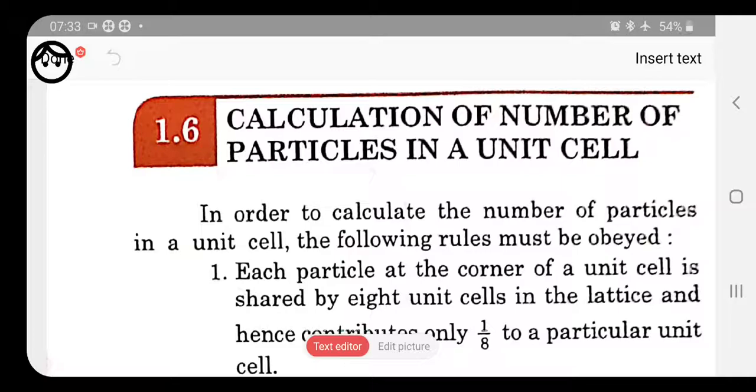We can define crystal lattice as the arrangement of constituent particles in three dimensions, and each crystal lattice is formed by the smallest repeating unit that is called a unit cell.